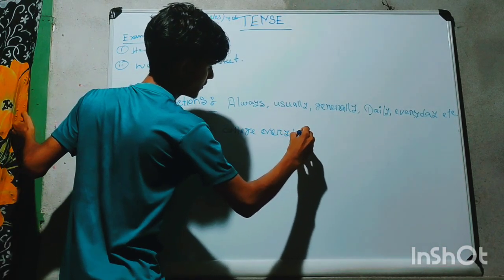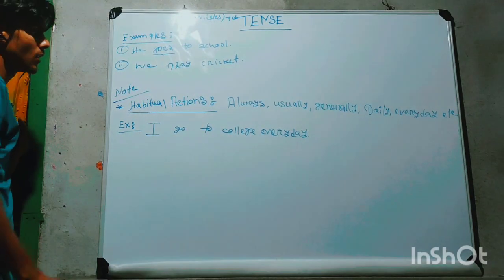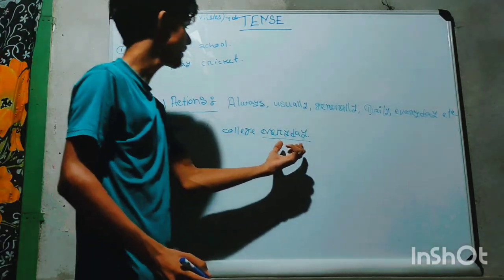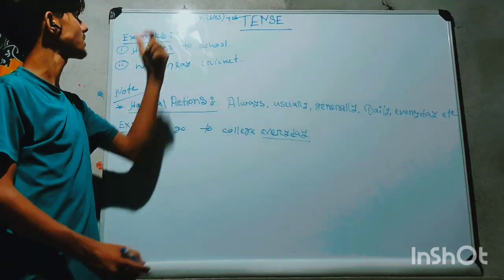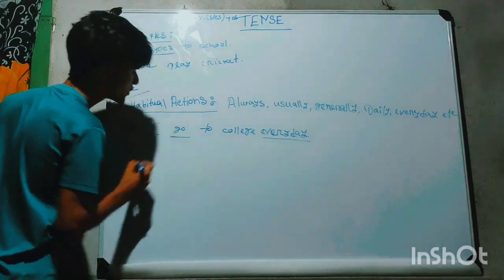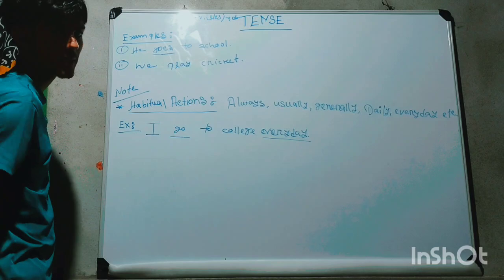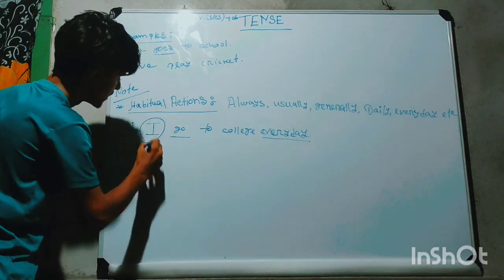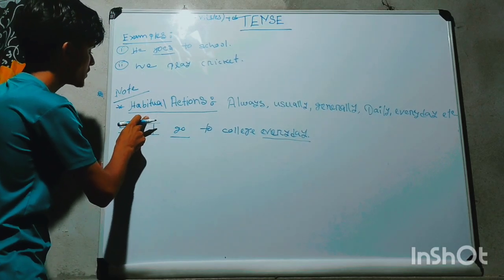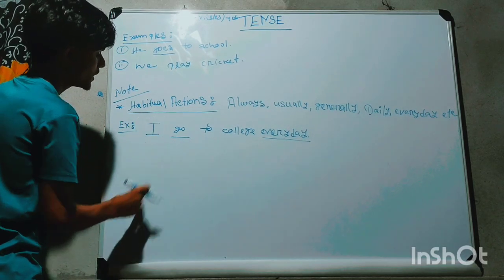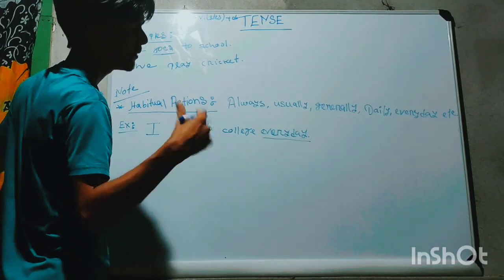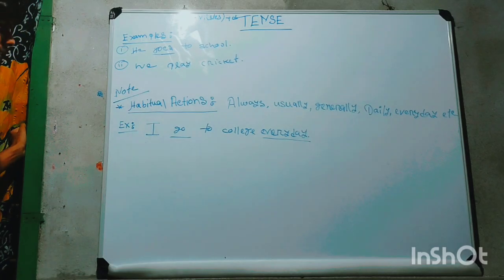I go to college every day. If we see every day in a sentence, it directly falls under present indefinite tense. Why don't we use s or es in this main verb? Because the subject is first person singular number, and if there is first person singular number in present indefinite tense, we do not use s/es. We only write verb 1 and complete the sentence.